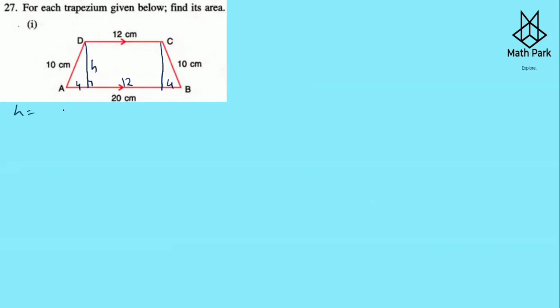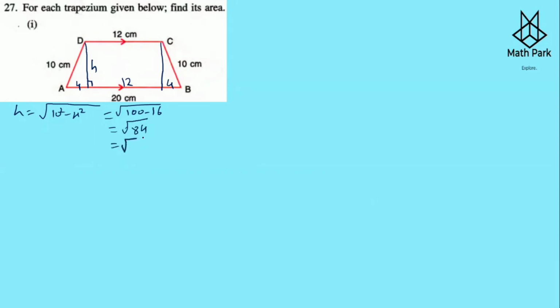So h is equal to square root of 10 square minus 4 square, which is square root of 100 minus 16, you get this as 84, root of 84. So find the square root of 84.